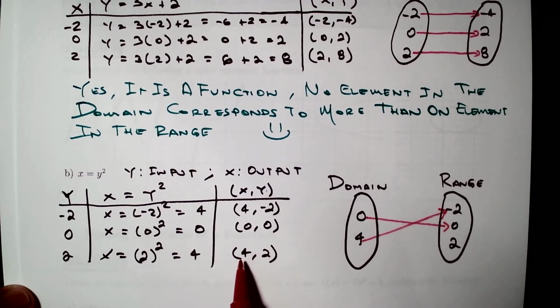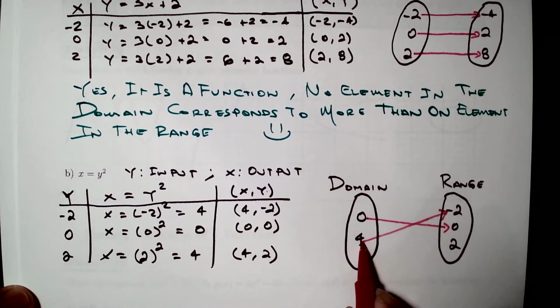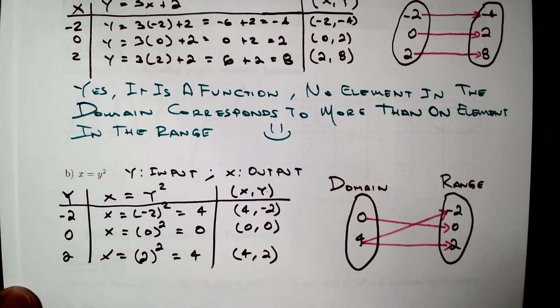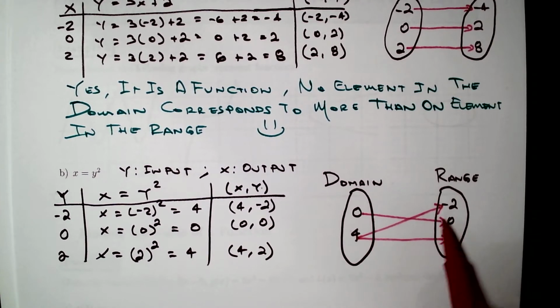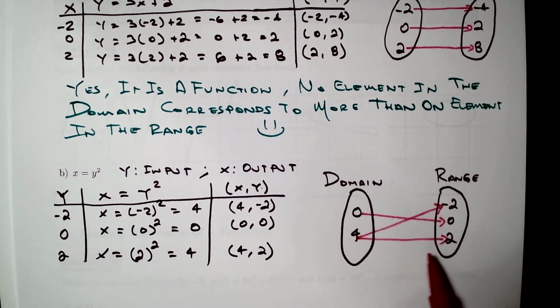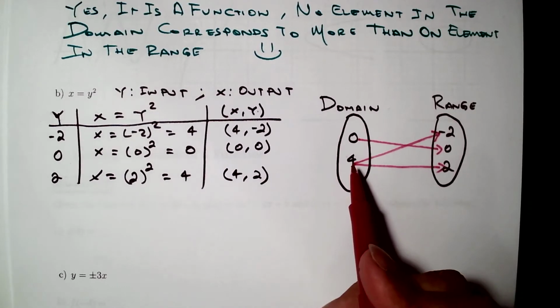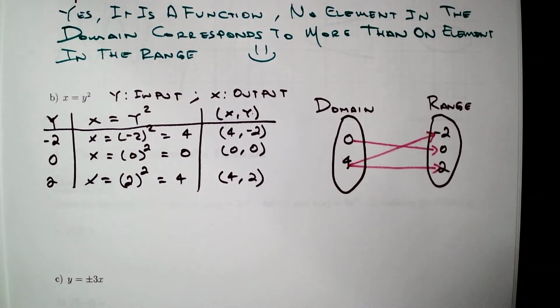And the last point denotes the correspondence between the input 4 and the output 2. As you can see, the input 4 is messing things up, because 4 is corresponding to two different values in the range.